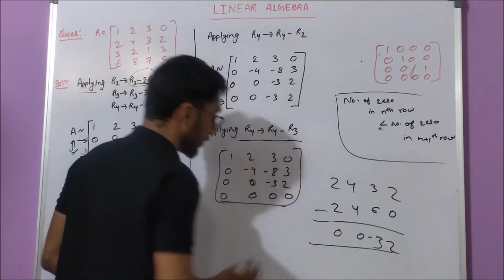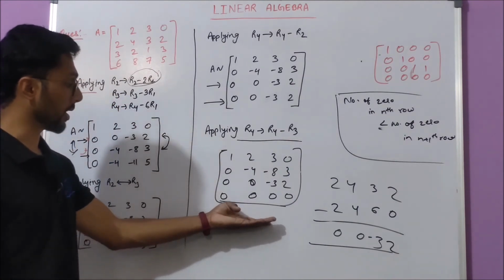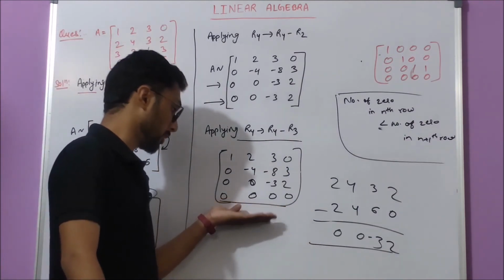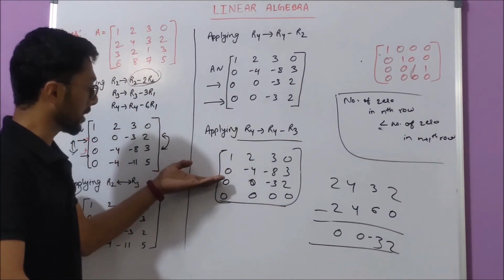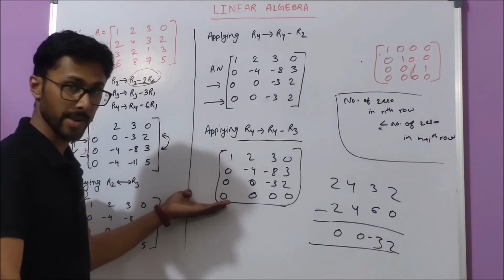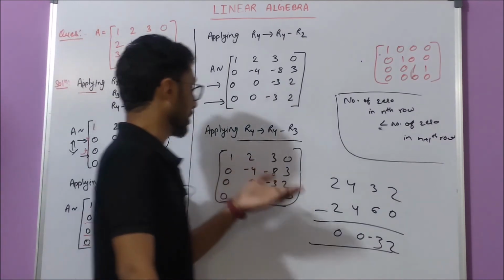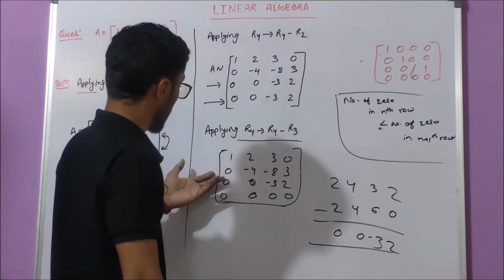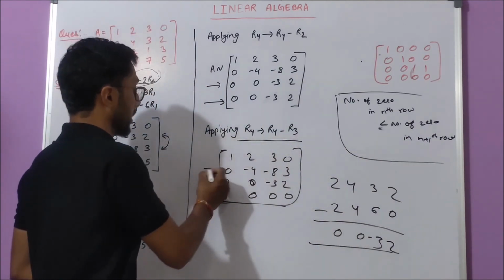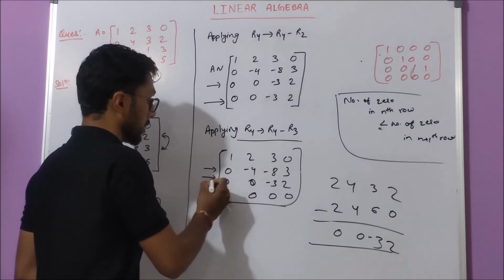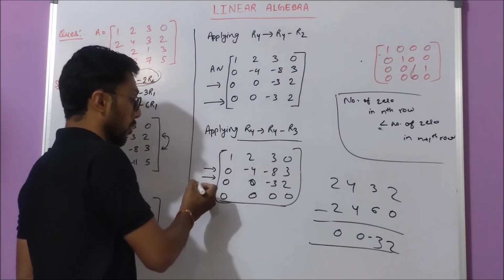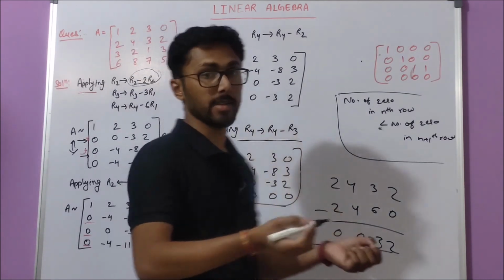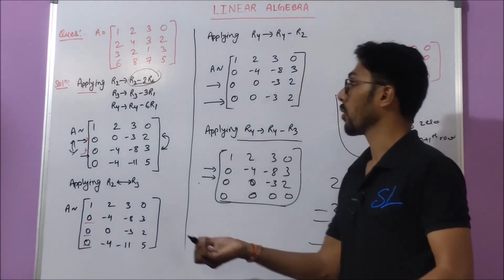So the last row of the matrix has all elements 0, and the first property is satisfied here. The second property is optional, so we don't have to check that. And the third property is that the zeros in the nth row should be less than the zeros in the n plus 1th row. So this is also satisfied, hence the matrix is in Echelon form.